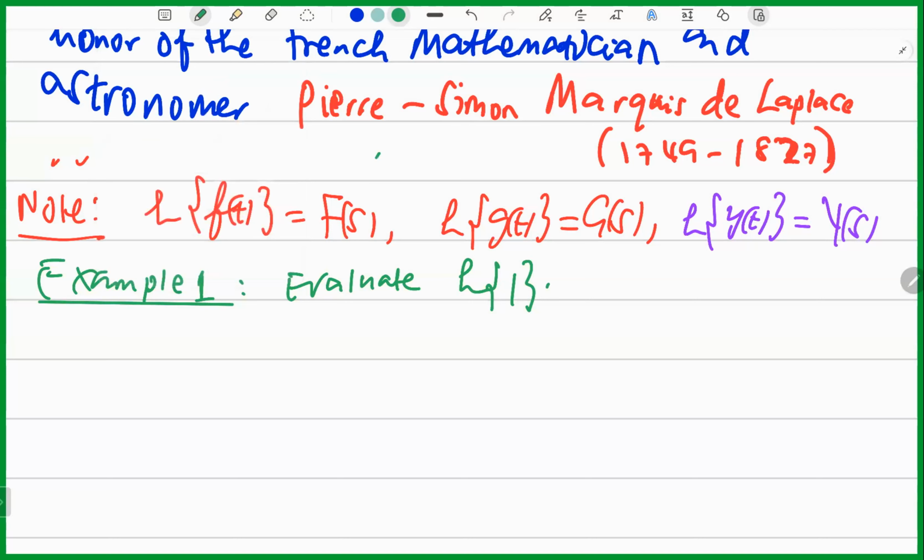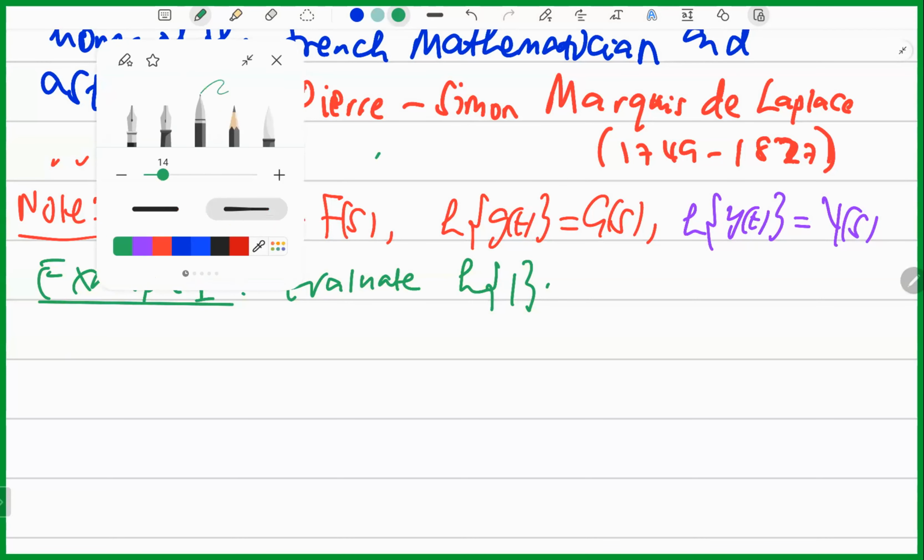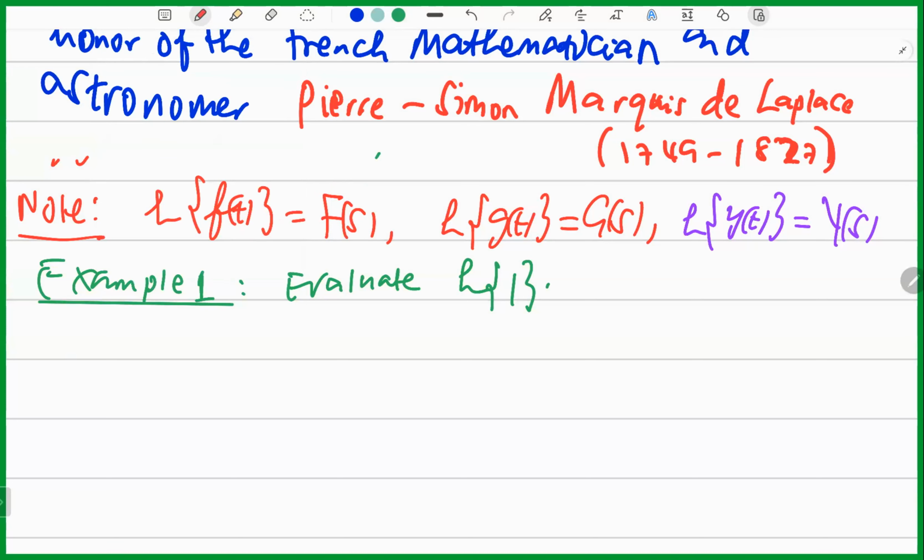These are the steps from first principles without using the table. We first write the formula. We're looking for the Laplace transform of 1. What is the formula for the Laplace transform of any function? It is the integral from 0 to infinity of e to the minus st times small f dt.